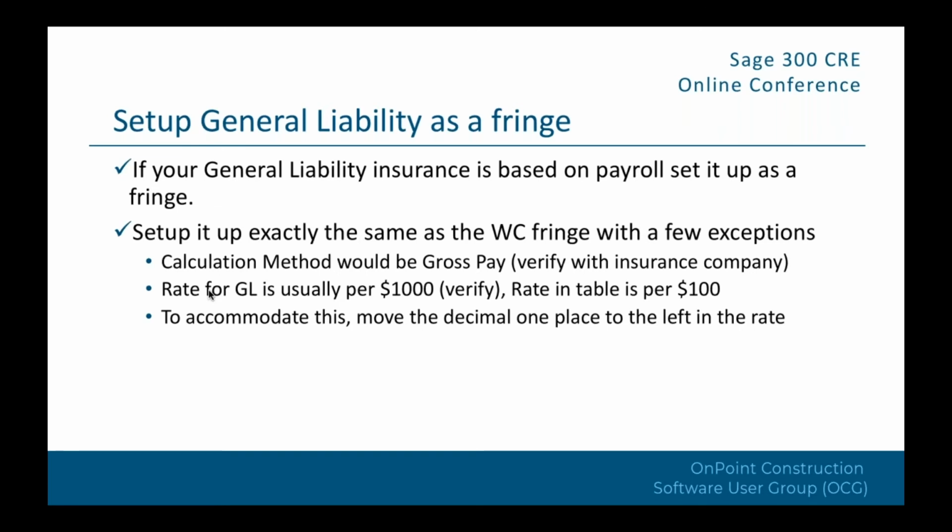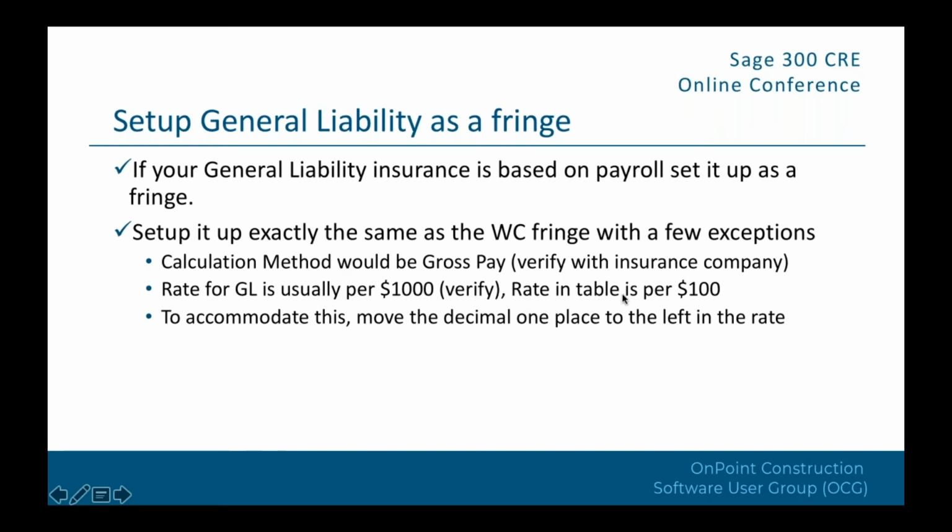And of course, that's just over the years, that's what most of them are, but you definitely want to verify that with your insurance company. And then also the rate for GL is usually per $1,000. Again, verify that.